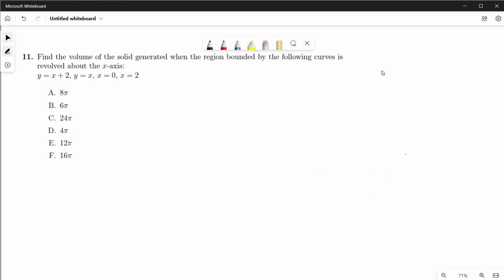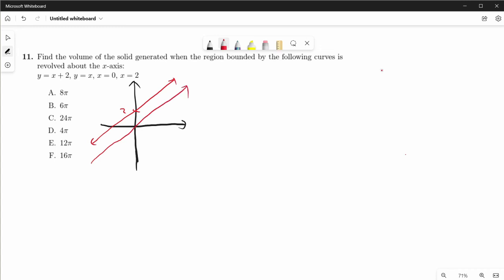For question 11, we're given 4 equations, and we're to find the volume generated by rotating around the x-axis. So first, let's draw this. So x plus 2 equal to y, just a straight line, and then same slope, x equal to y.